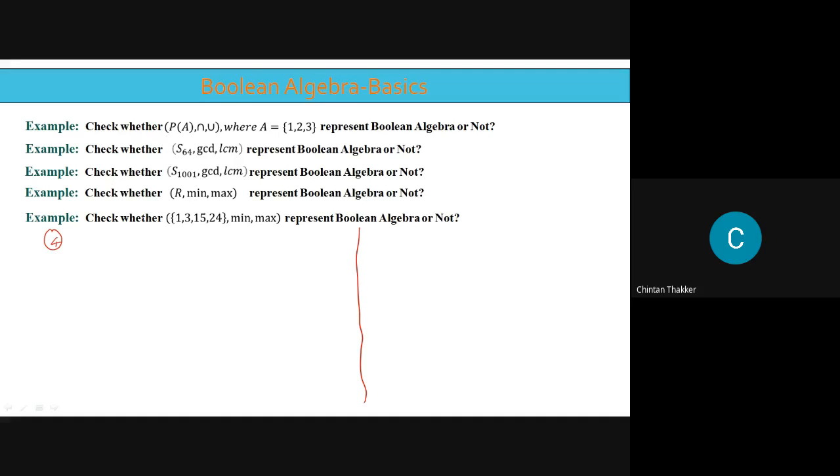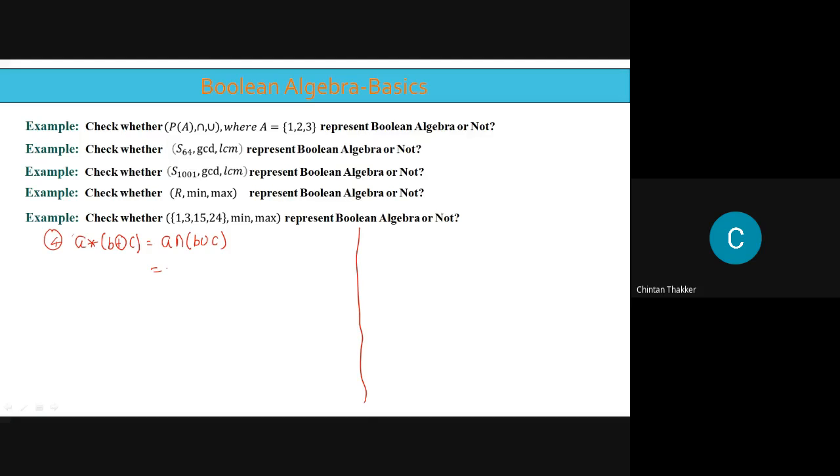So for the distributive property, we have A star (B ring sum C), that is equal to A intersection (B union C).